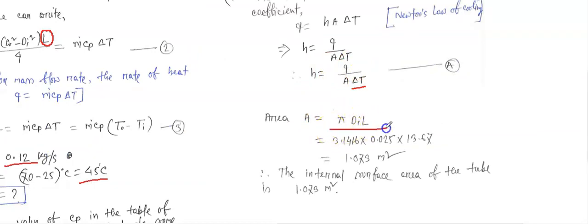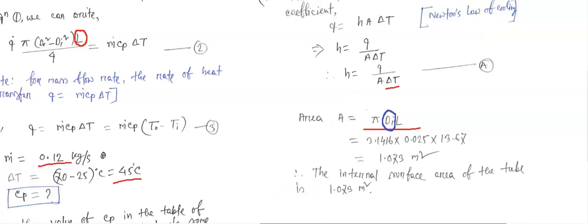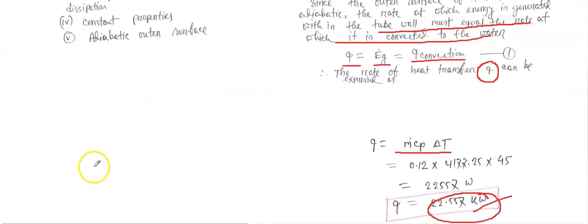So π dᵢ L. Now if you have any question why I'm using dᵢ, why not d₀? We have the inner diameter, we have the outer diameter, so why am I using dᵢ? So look, just read the question carefully.